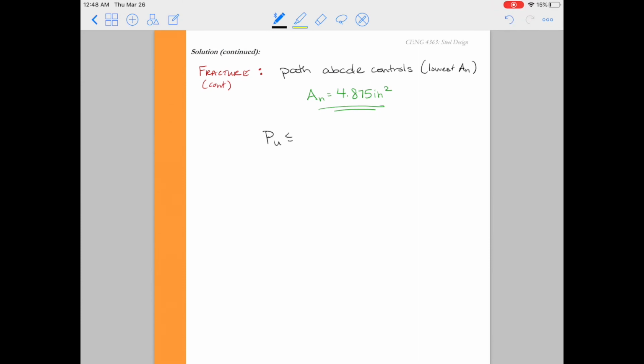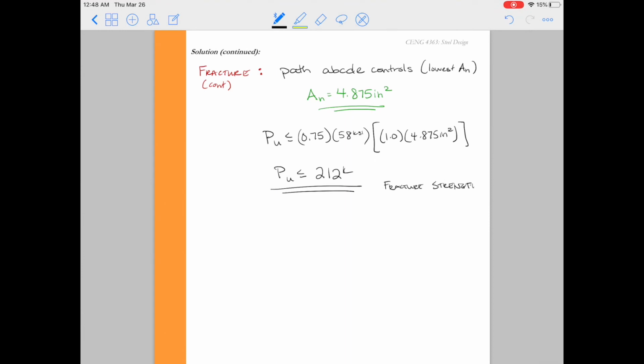P_u has to be less than or equal to phi P_n. Phi for fracture is 0.75 times the ultimate stress, 58 ksi, times U. U is 1, the shear lag factor, because we have plate connections, so all the plates are connected to each other, so all elements are connected. This was case 1 in chapter D. And then we multiply by our net section area, and we get a total that P_u has to be less than or equal to 212 kips.